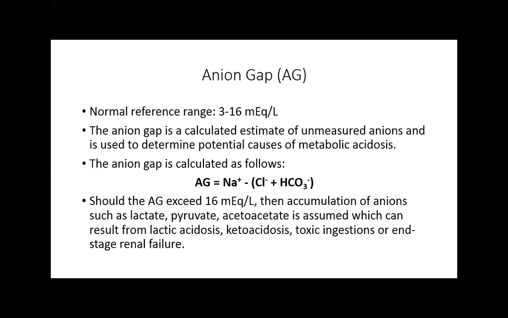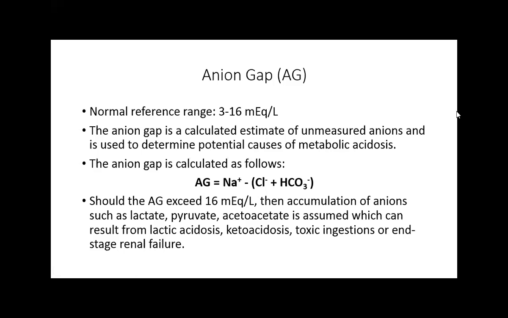It's really using some measurements that we do routinely, like the sodium level, the chloride level, and the bicarbonate level, as a way to look for other ions that we don't analyze for directly, but which could be impacting the pH.